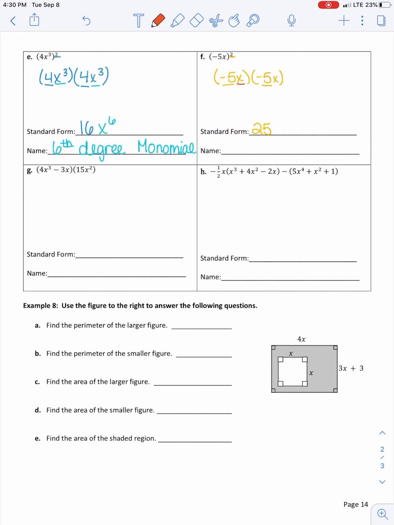And then we're going to take the x times the x, which gives us x to the 2nd power. Don't forget that there's those imaginary ones anytime you have just a variable and don't have an exponent higher than that. So we add the 1 and the 1 and we get 2. That makes this a quadratic. And again, we only have one term, so a quadratic monomial.